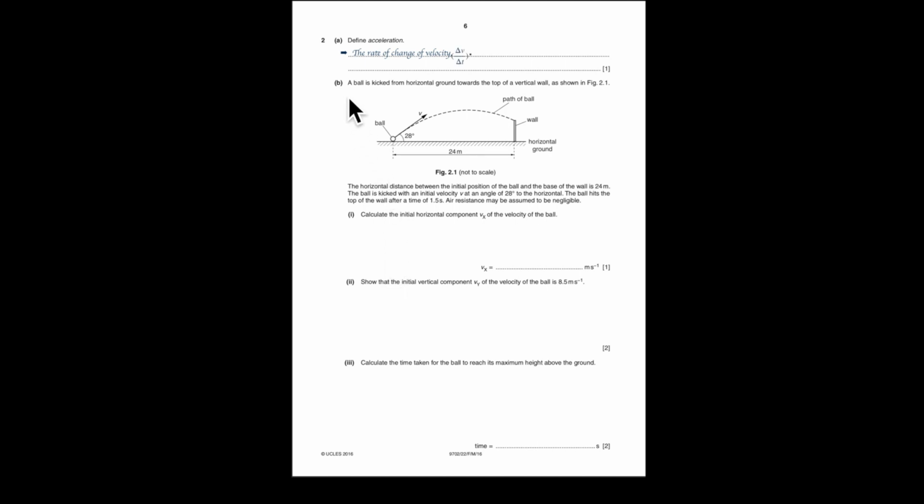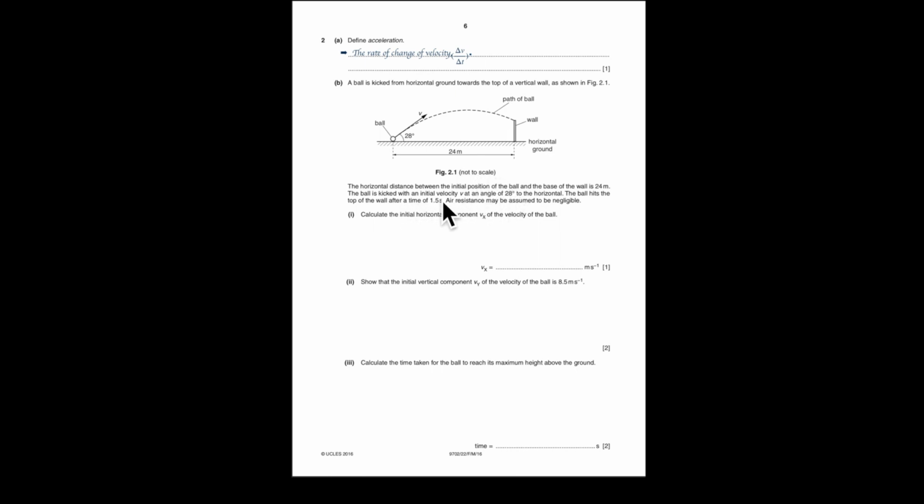In b, the question is that a ball is kicked from horizontal ground towards the top of a vertical wall as shown in figure 2.1. The horizontal distance between the initial position of the ball and the base of the wall is 24 meter. The horizontal displacement is 24 meter, where the ball is kicked.